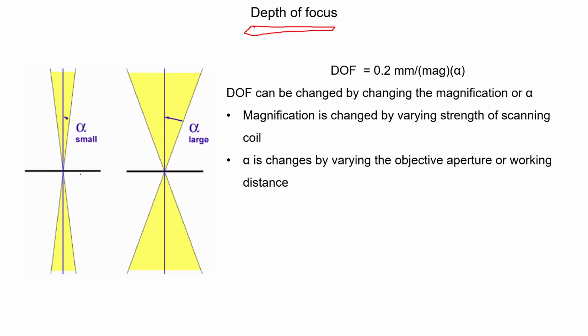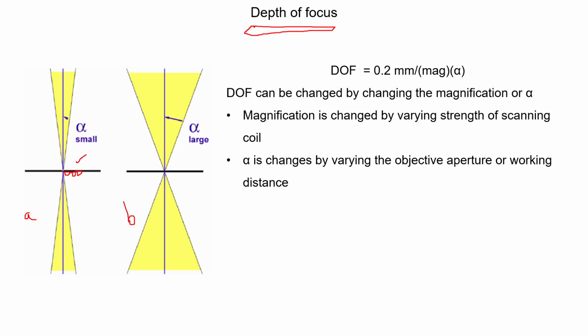If this black one is your specimen and this yellow one is your incident beam, suppose this is figure A and this is figure B. Figure A has a smaller spot size as compared to figure B. The smaller the spot size, the higher the resolution, because if the spot size is smaller, then it can detect multiple things which are present quite near each other in the specimen. So as a result, the resolution will be higher in this case.